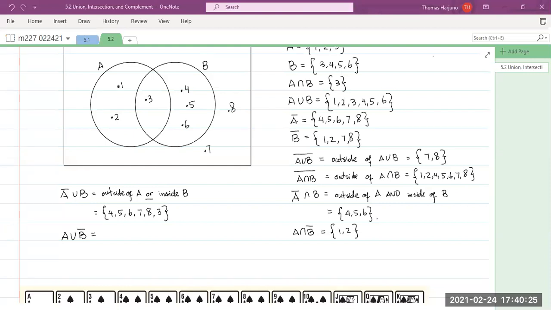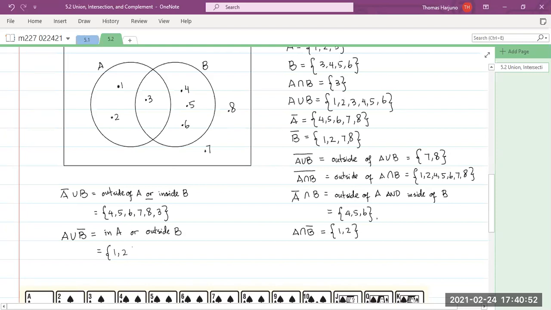This is in A or outside B, right? In A or outside B. And then that will be 1 and 2.